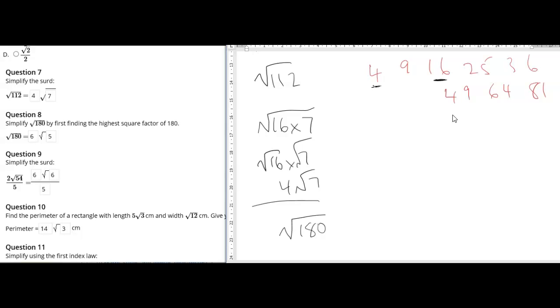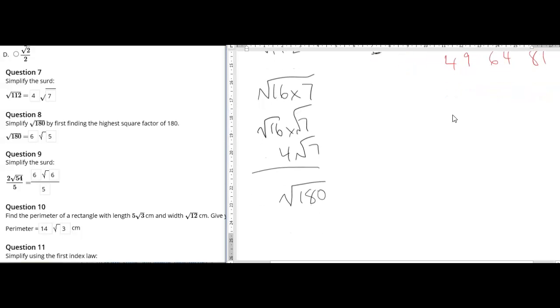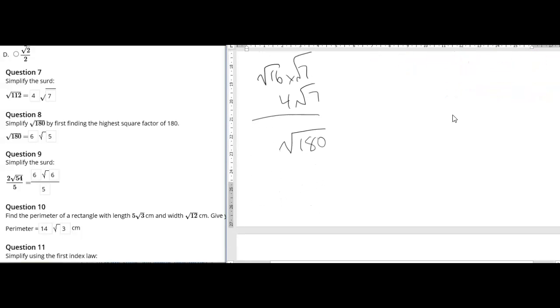The number we're looking for is 36. You would have to go through, just like we have been, working out which one would go into 180. So square root of 180 is the same as square root of 36 times 5, and then we separate them. The square root of 36 times the square root of 5 becomes 6 root 5.